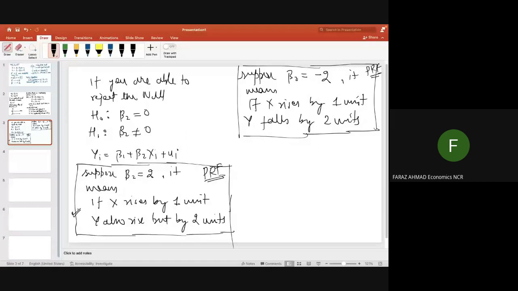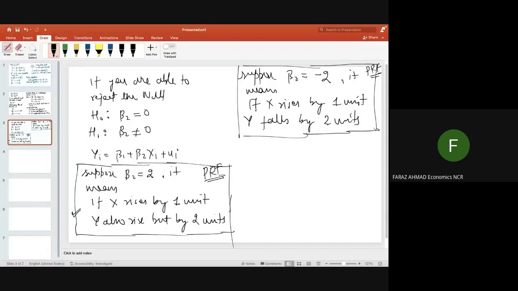If it is positive, you would make a statement like this. That means there is a relationship, and you can quantify the relationship by the second sentence, that if x rises by 1 unit, y also rises by 2 units, or if x rises by 1 unit, y falls by 2 units. So you have quantified by how much change in x, how much y changes, and you will be happy with the result in the sense that you are able to verify that there is a relationship between x and y, and you are able to quantify it, right?